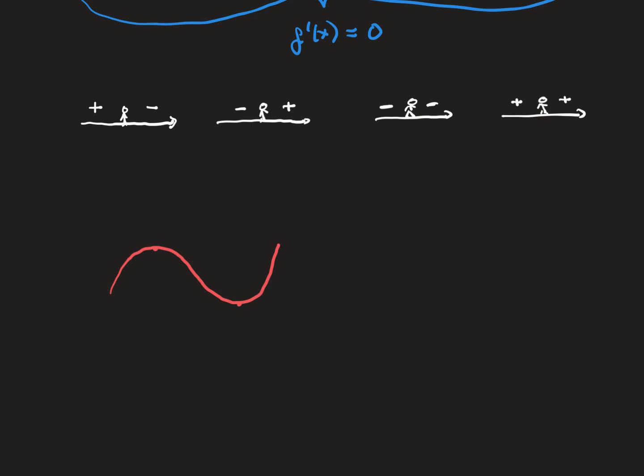You can see that between here there is a point at which the shape of the curvature changes. And even though from here to here the slope is negative, there is a change of curvature.